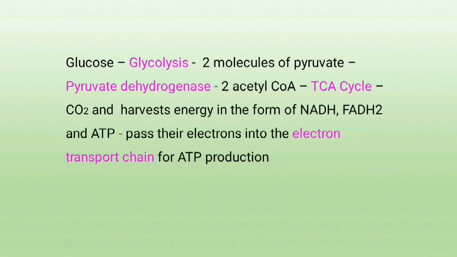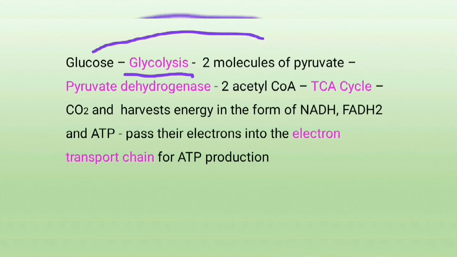In short, glycolysis is the pathway which converts your glucose molecule into two molecules of pyruvate, and with the help of pyruvate dehydrogenase it is converted into acetyl coenzyme A, and this acetyl coenzyme A enters into the TCA cycle to carry out cellular respiration, and it harvests energy and produces carbon dioxide.